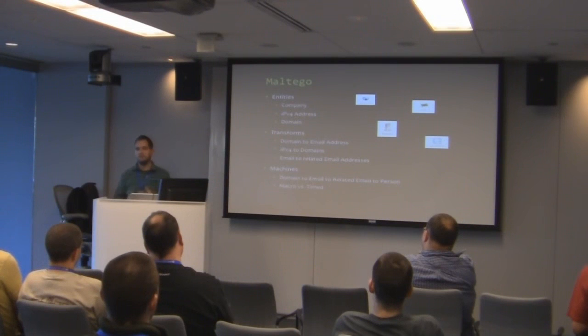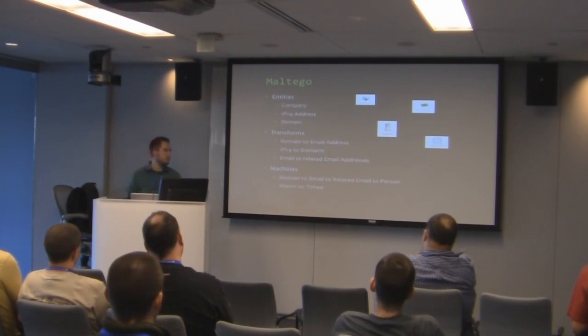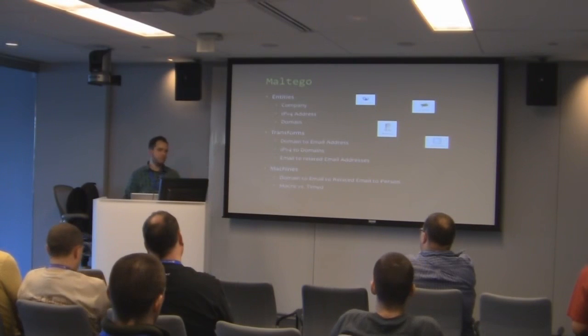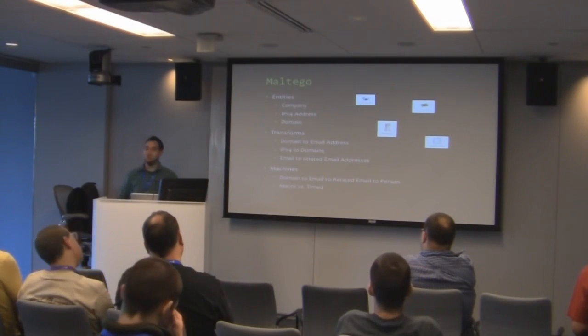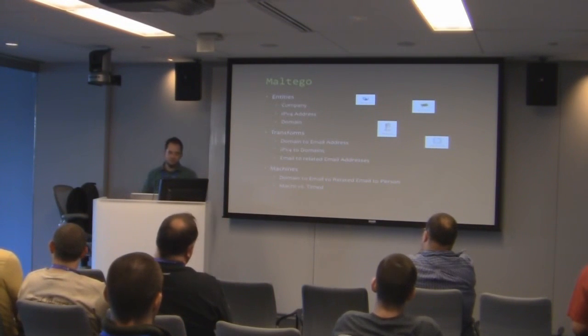This will take in one piece of data, do something to it, and return another piece of data. In some cases, it may not return a new entity, it may alter the current entity. Common ones: if you have a domain, go out, by a variety of methods, and grab an email address associated with that domain. If you have an IP address, grab all known domains associated with that, et cetera, et cetera.